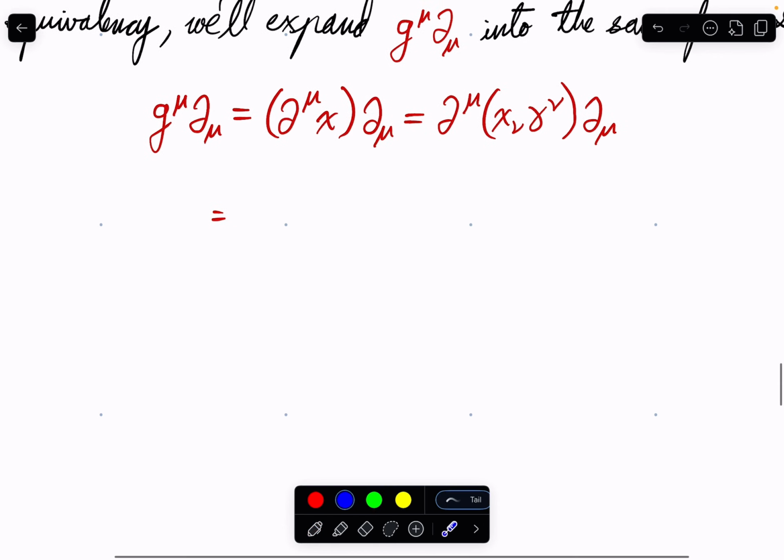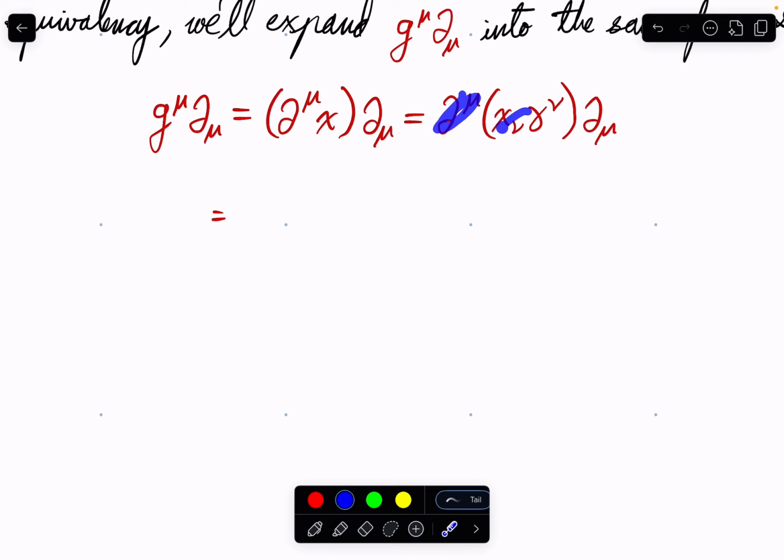Okay, so now we're going to rearrange, because when we're dealing with tensor notation or Einstein summation notation, we can just rearrange things as long as they're not multivectors. So this is scalar, this is scalar, this is scalar, this is a vector. So we can move these all around as long as we remember that this acts on this.